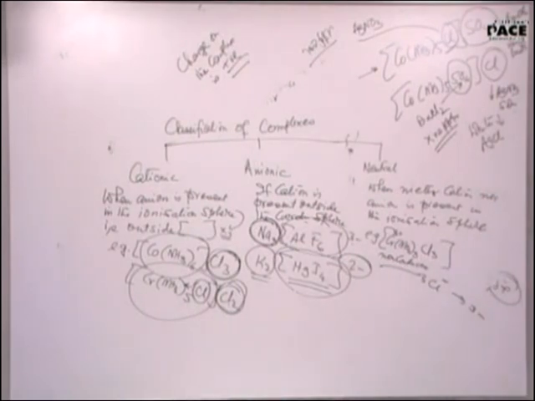The one which forms a coordinate bond does not behave like a free ion, so it does not respond to the individual chemical test. Whereas when the anion is present outside the coordination sphere, it behaves like a free ion and responds to the individual chemical test. Is it clear? Yes, sir.